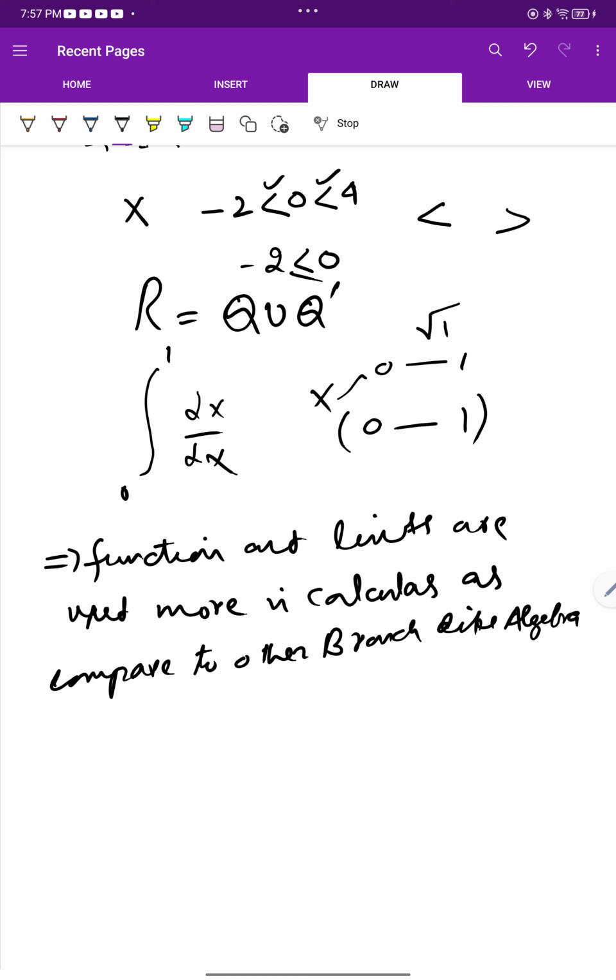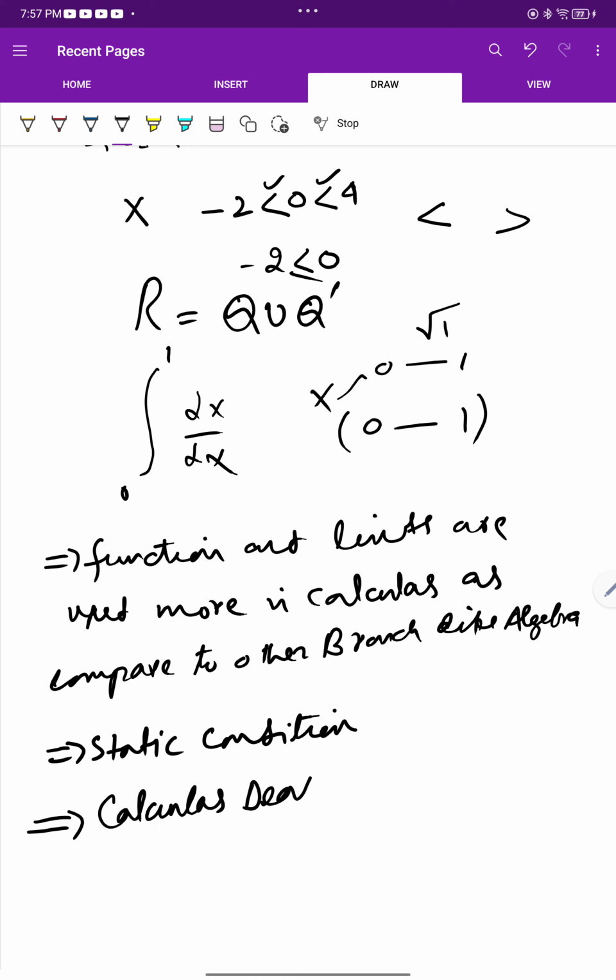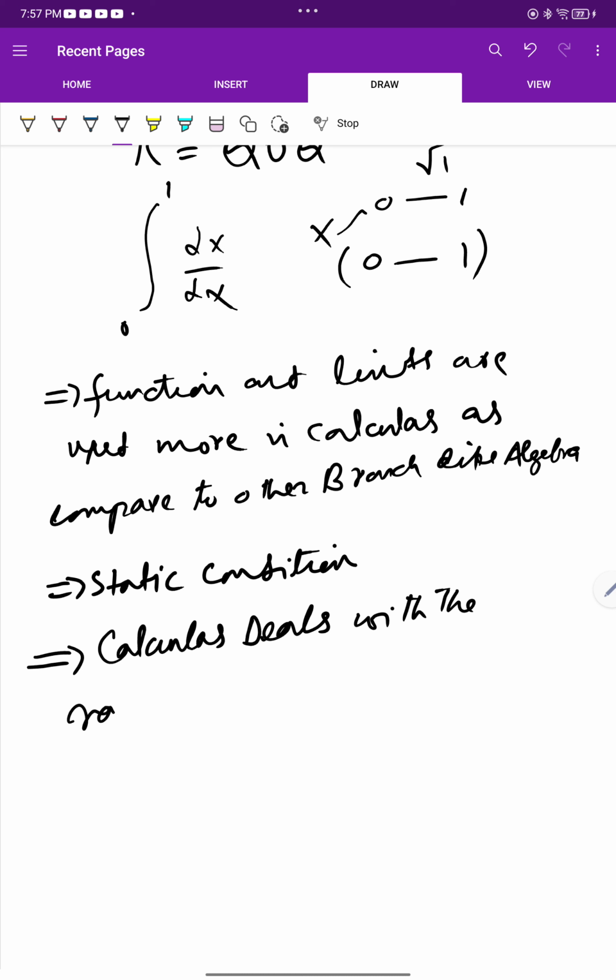It's because mostly all other branches deal with static conditions, but calculus deals with the rate of change.